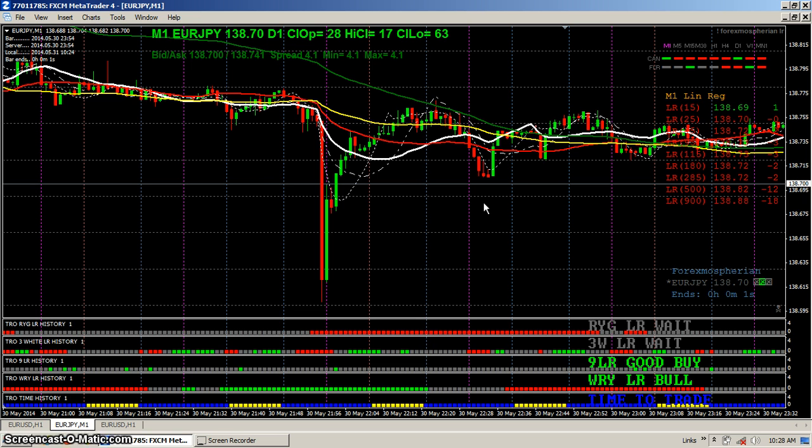But then, through our post back and forth, it looks like that might not be the case. There might be more things. And as you can see, my chart basically has your red, yellow, green lines, linear regression, and the three white lines, the thick white, and then the two dash dotted lines.